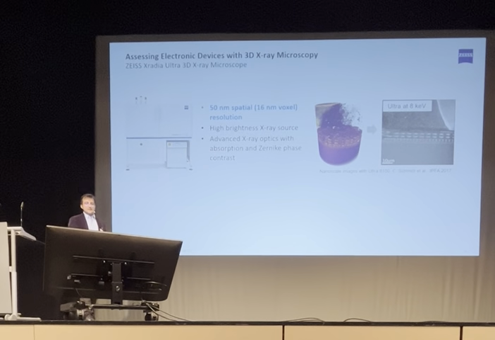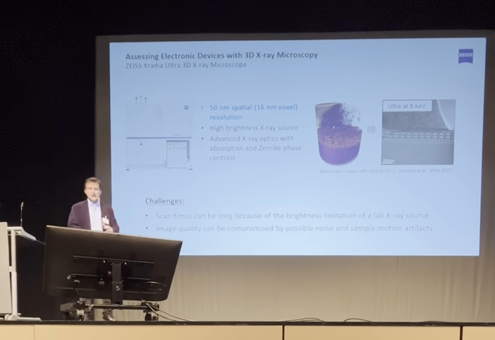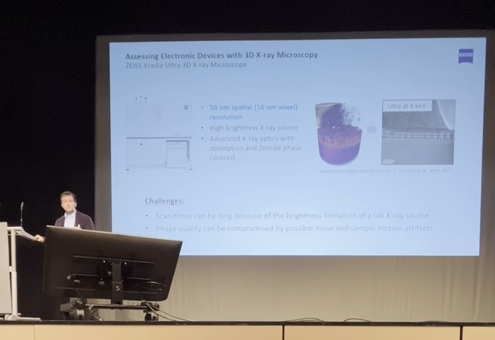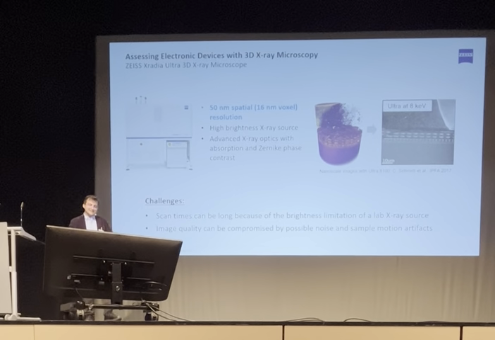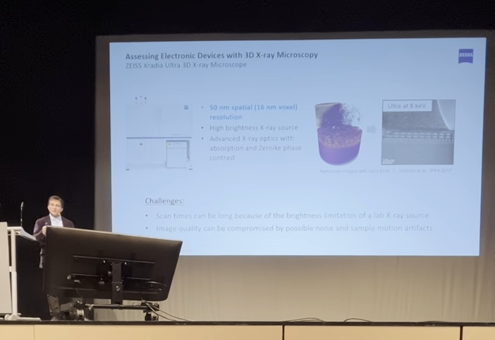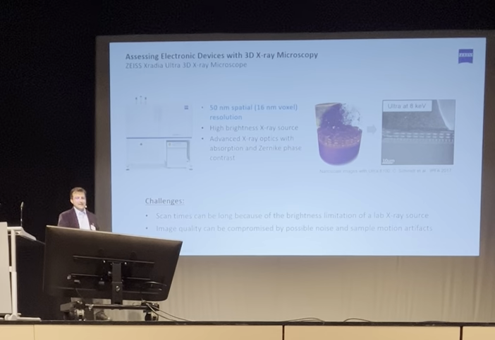And yes, this is great, and you can see the images. In this case, you definitely need to prepare the sample, you need a very small portion of the sample, but this is not without challenges. The scan times can still be long due to the limitation of brightness of the X-ray source, and image quality can still be compromised, possibly by noise or motion artifacts.